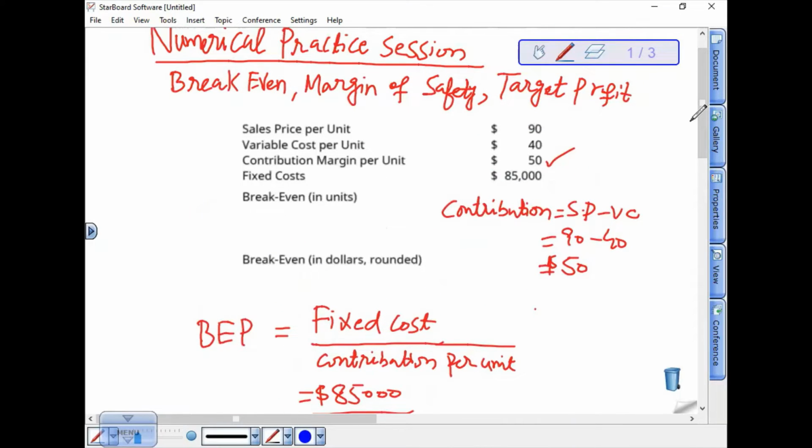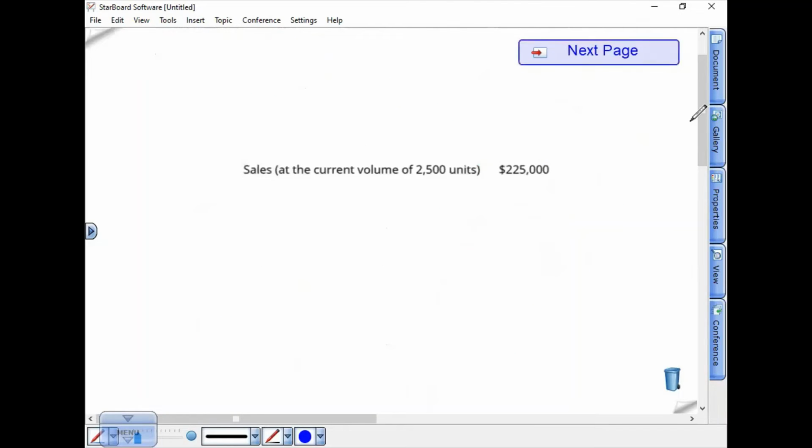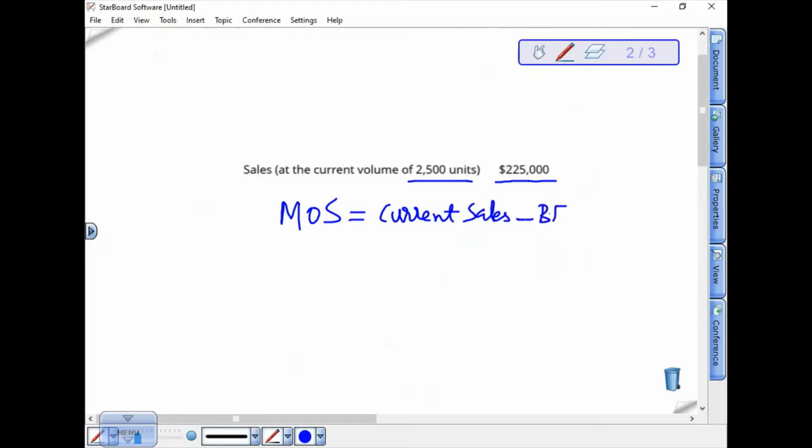Okay, now my next question will be: if the current level of sales is 2,500 units and the total value becomes $225,000, then what is the margin of safety? So basically margin of safety is the difference of our current sales revenue minus break-even point.